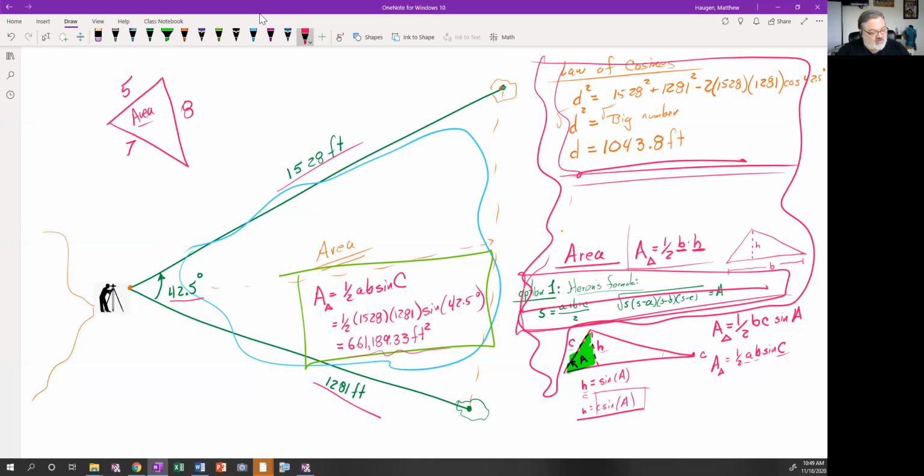But a little bit of law of cosines to find that angle, and then 1/2 of 8 times 7 times the sine of that angle, and you're done. I'd still be tempted to just use 1/2 AB sine theta. Even given the nicest setup for Heron's formula, I would still probably use 1/2 AB sine theta.